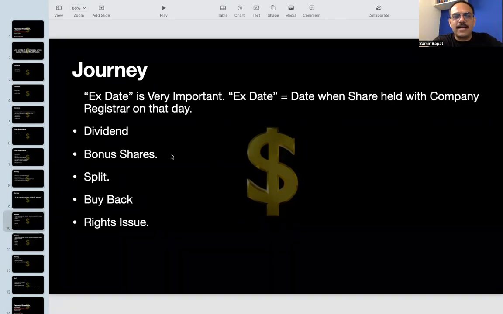If the stock is trading for, let's say, 1,000 rupees, and they are splitting 1:5, face value from 10 rupees they are reducing to 2 rupees. So every person who is having one share will get 5 shares. Stock is trading at 1,000 rupees. On the ex date, what will happen? The price will drop to 200 rupees.